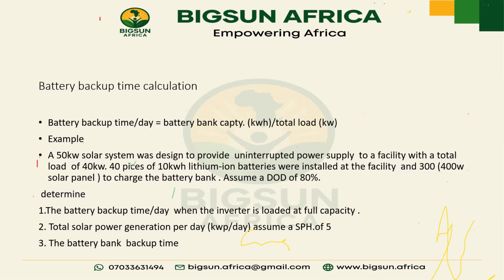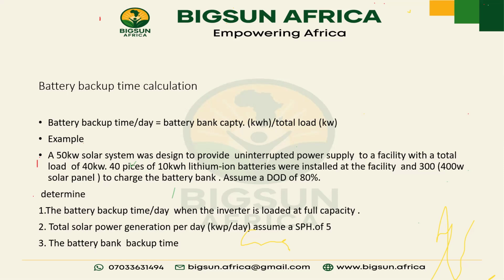From 4 o'clock, solar is producing less to nothing, reasonably small. So from this time, this is how much power he's going to be pulling on the battery till this time, so that you size your battery correctly.